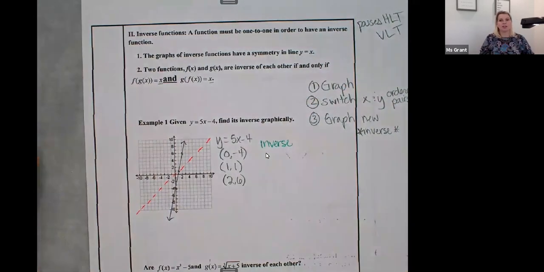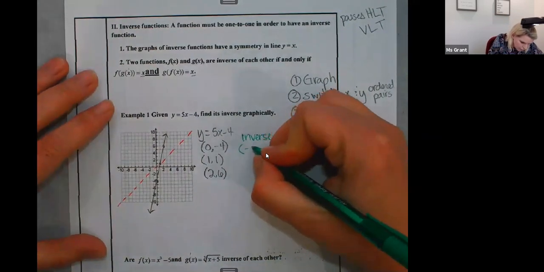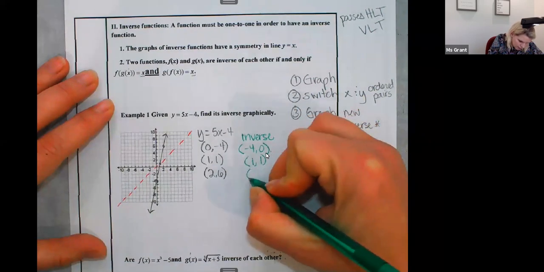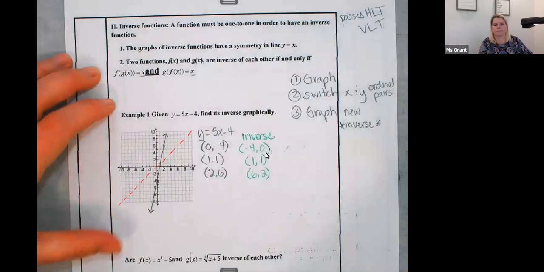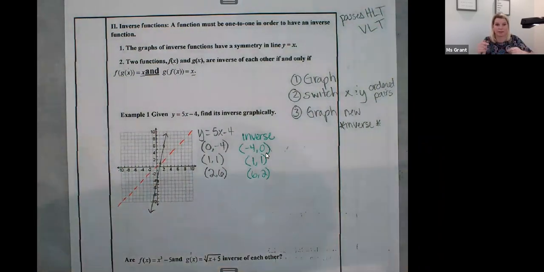And I first have to switch the x and the y ordered pairs. Negative 4, 0. 1, 1. 6, 2. I just rewrote them and I switched them. So you're switching the x and the y graphically. We're also going to do it in an equation where you just literally switch the x and the y. That comes next.